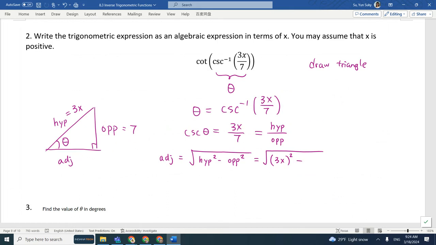Minus opposite. What's opposite? 7 squared. What is 3 squared? 9. So we have 9x squared minus, what is 7 squared? 49. Good. So that is the adjacent. And what are we looking for?